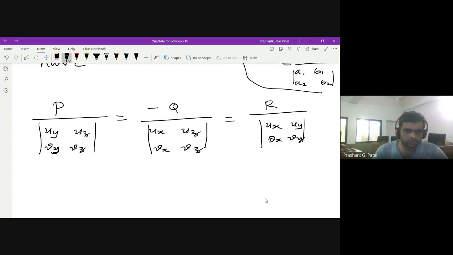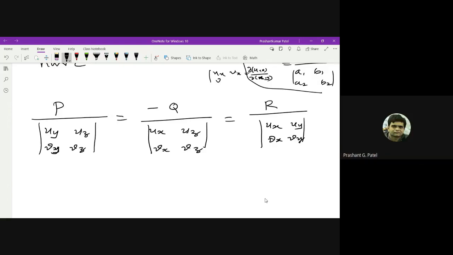Now this quantity is well known as a Jacobian, del(u,v) upon del(x,y). The Jacobian is defined as the determinant ux, uy, vx, vy.